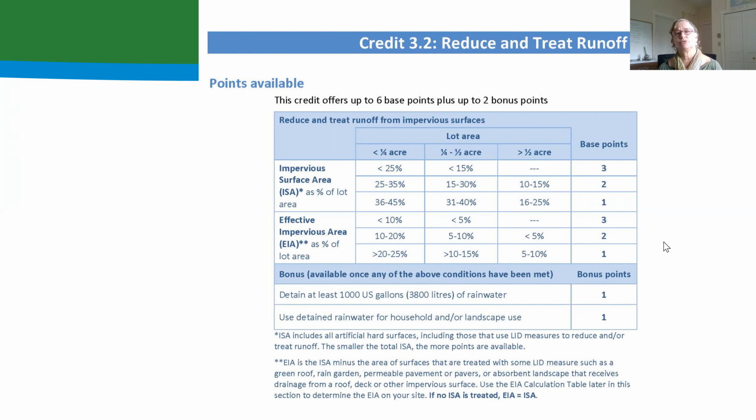So these are the sorts of things where you can tweak your design to minimize, using gravel trails, for example, not putting in hardened structures. And in the guide, it details how to calculate the effective impervious area as well as impervious surface area. So you can basically get the points for having less impervious surface.